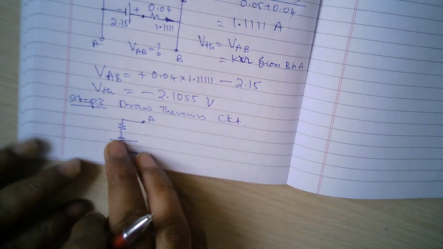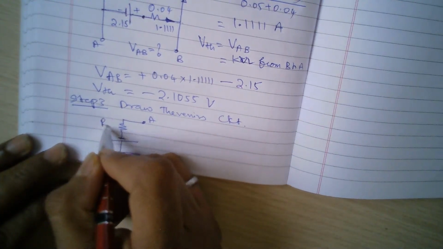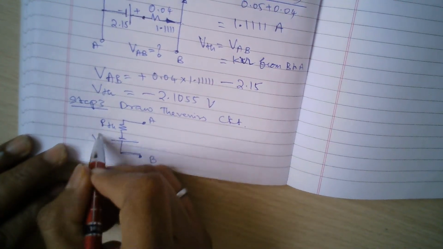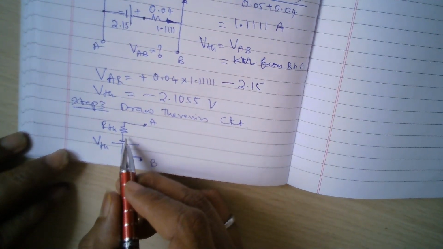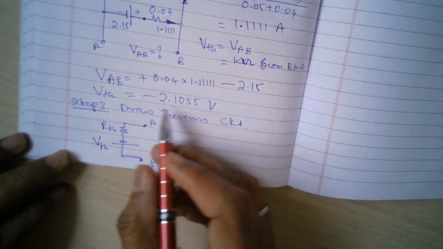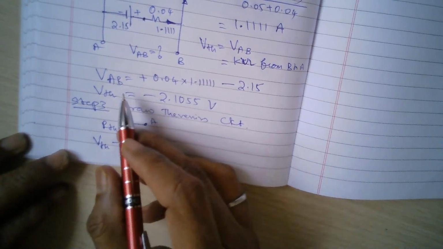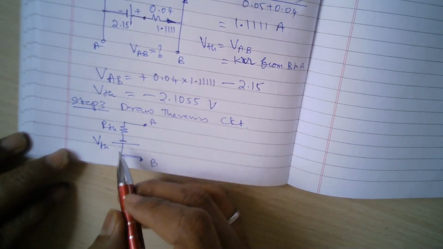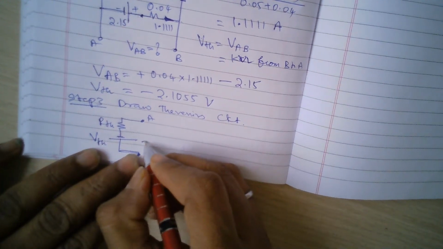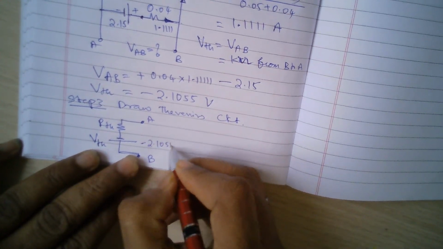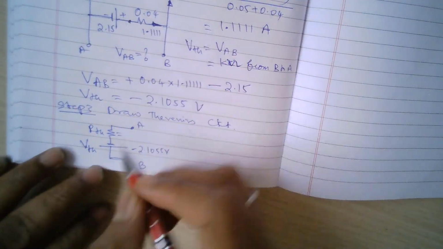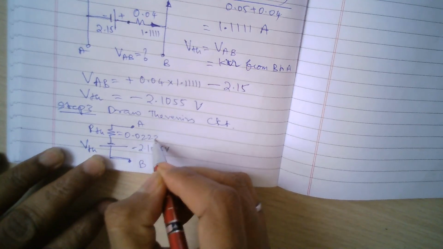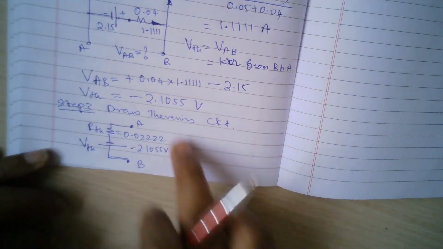This is called RTH, Thevenin's resistance, and VTH is Thevenin's voltage. Why I have given negative up and positive down is because we got this value like this. A is supposed to be on the negative side and B is supposed to be on the positive side. So minus 2.1055 volt, and the RTH I calculated here is 0.02222. So this is my Thevenin source.